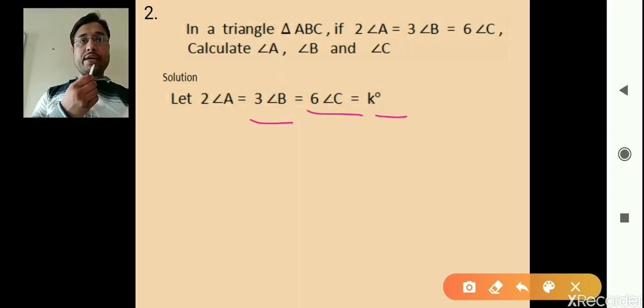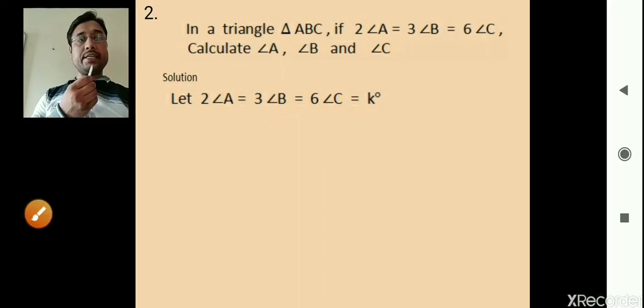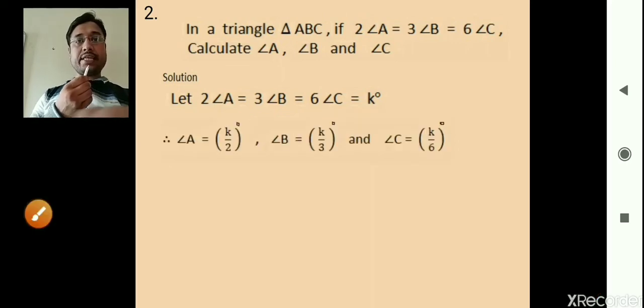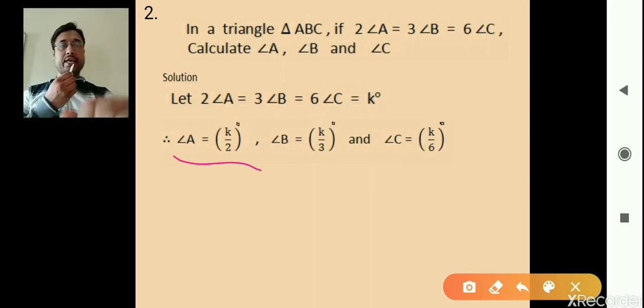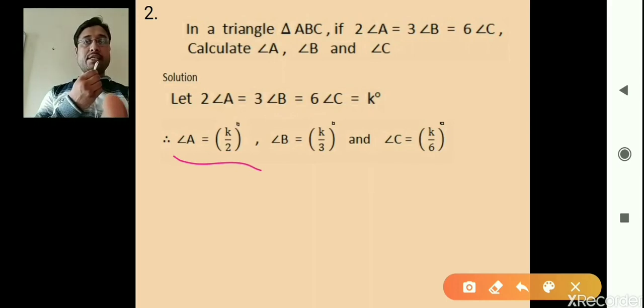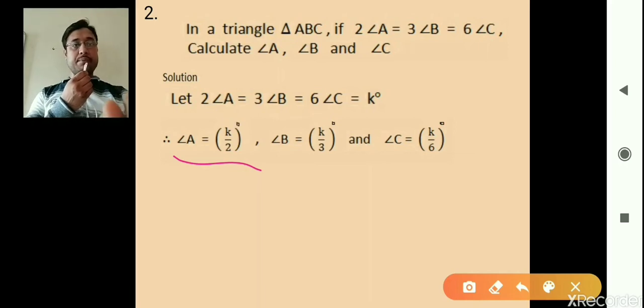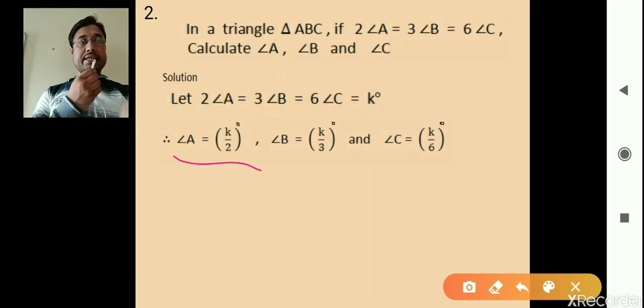So double of angle A, triple of angle B and 6 times angle C is k degrees. Then angle A equals k by 2, because 2 angle A is k. Similarly 3 angle B is k, then angle B is k by 3 degrees, and 6 angle C is k degrees, then angle C equals k by 6 degrees.